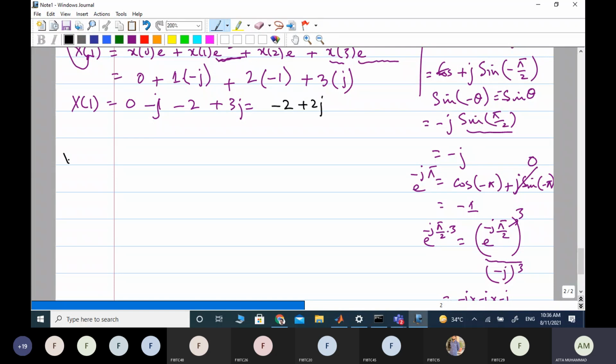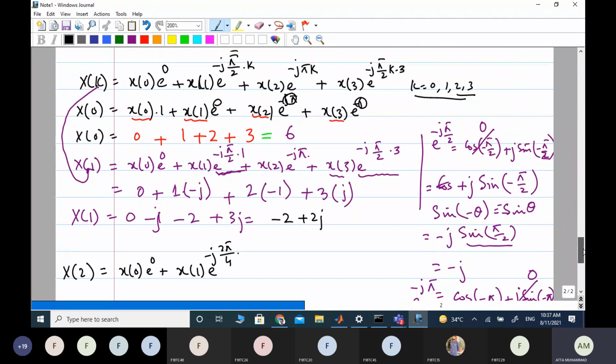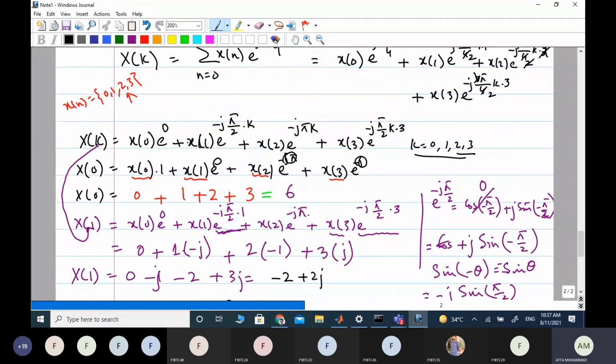Let us compute x of 2 now. Our x of 2 must be x of 0 e to the power 0 plus x of 1 e to the power minus j 2 pi by 4. Now you can see what our original equation was. Wherever we have k, we have to multiply it with 2, right? Because now k is equal to 2.